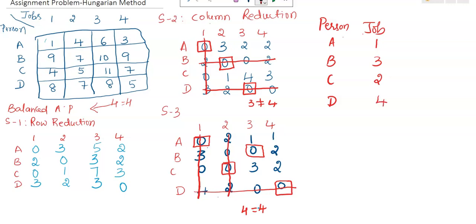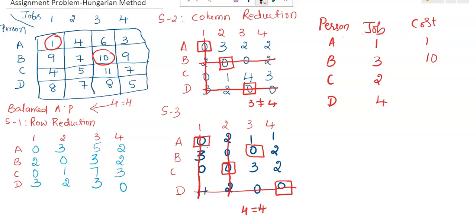So now we have to find out the cost. You have to consider what is given in the assignment problem equation, and from that, write the element in the cost. So person A, job 1, the cost is 1. Person B, the job assigned is 3, so the value is 10.